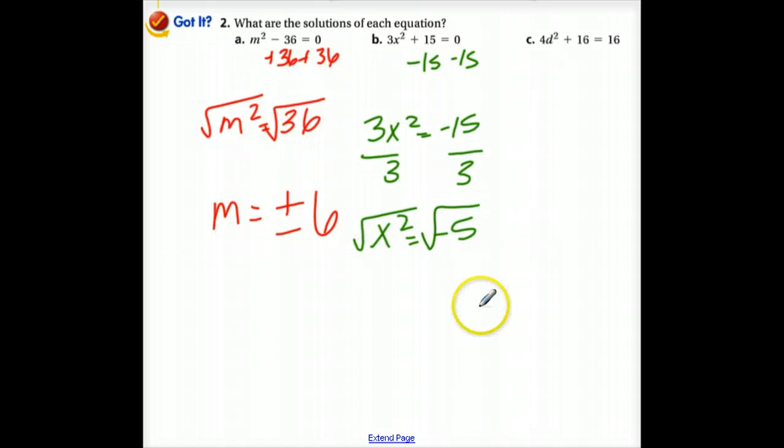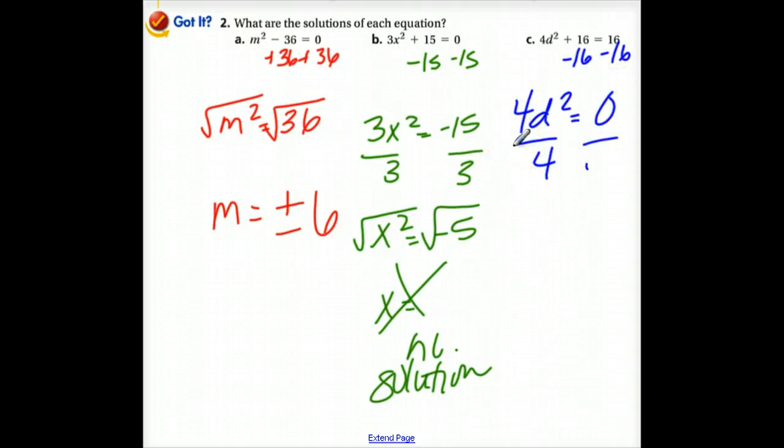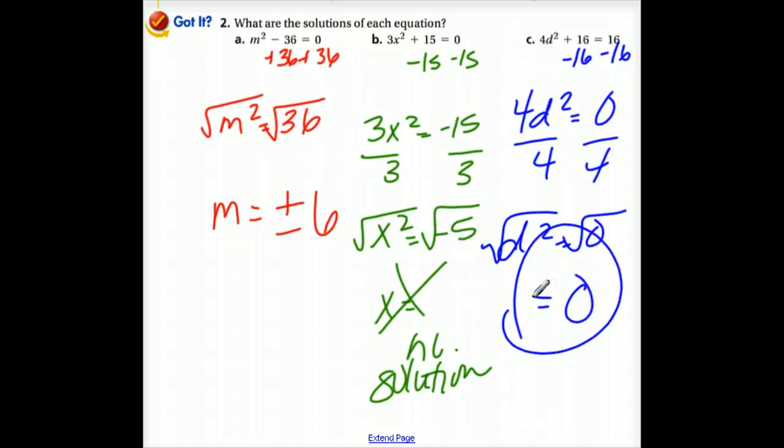Square root both of them. There is no real number that equals the square root of -5. So I say there is no solution. In example C, subtract 16 from both sides. 4d squared equals 0. Divide by 4. d squared equals 0. Square root of 0. We get 0. One solution for example C.